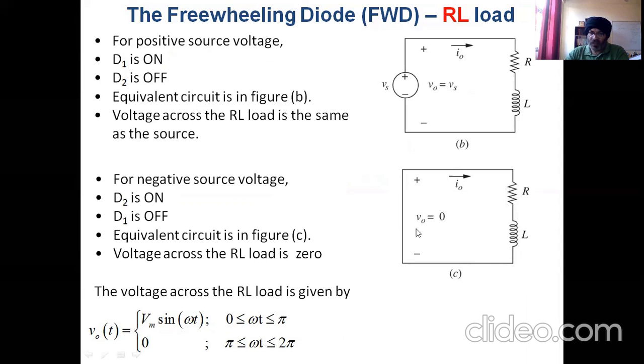So this diode is now actually helping us to flow the current at the load. Due to this reason, it is called the freewheeling diode. It freewheels the current. Freewheels the current means without the presence of the source, it still helps us to flow the current, without any external source.